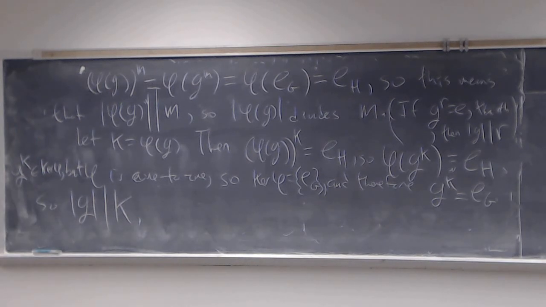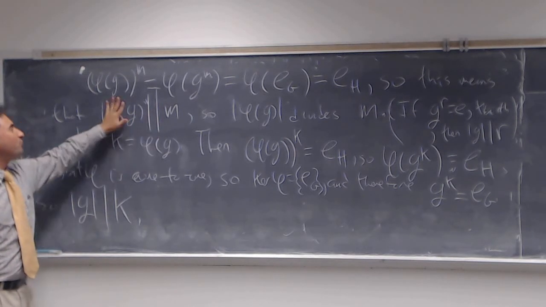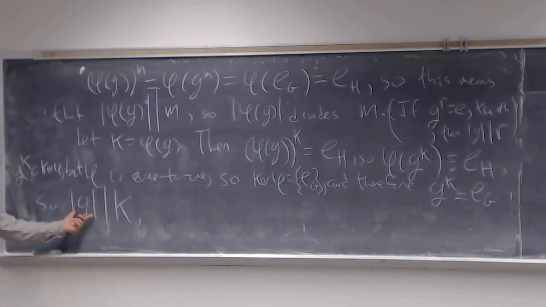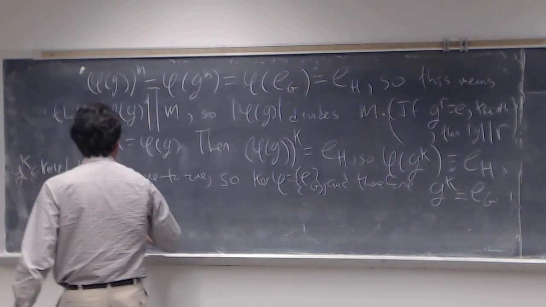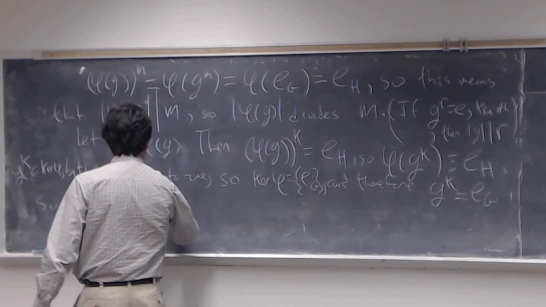So now we've got this other division. This divisibility relationship holds for any homomorphism. We get the reverse divisibility when it's an isomorphism.